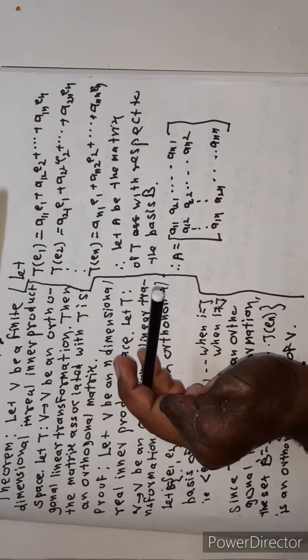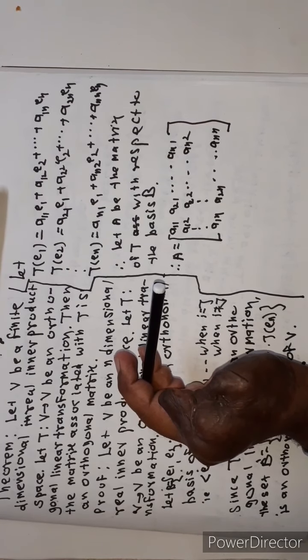This is the matrix of T with respect to basis E1, E2, ..., En.